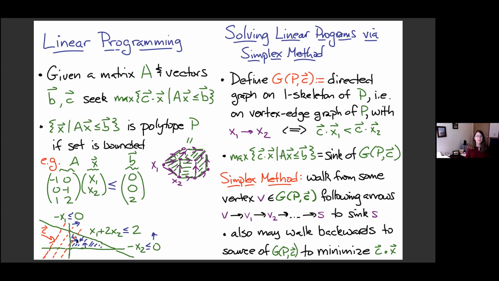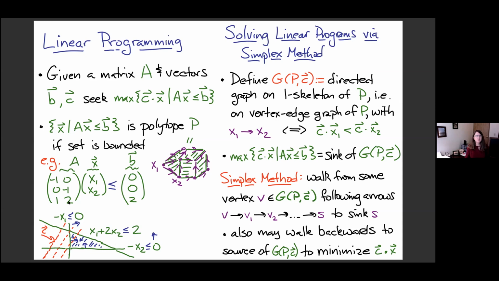This arrow indicates we need x1 greater than or equal to 0, so we're in the half space on that side of that hyperplane. Then we see negative x2 less than or equal to 0, which means x2 is greater than or equal to 0. That gives us this other half space, hence that up arrow.